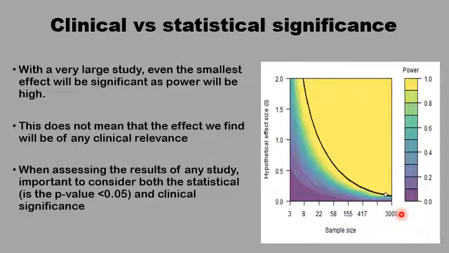These very slight differences may not equate to clinical significance, but because the power has increased dramatically with the increase in the number of patients in the study, you can see very small, clinically non-significant differences, and these very small differences would be deemed statistically significant.